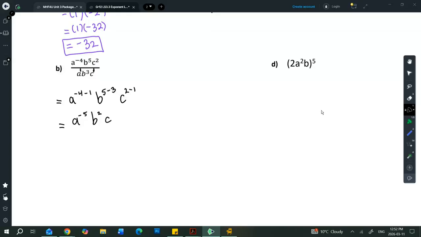And then I also need to make sure that I don't express any negative exponents. So what do I need to do with a to the -5 to make it positive? Before we do any plugging in, I want to make the exponent positive on the a.